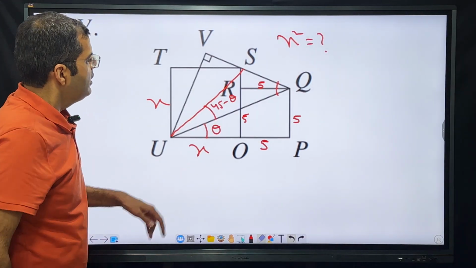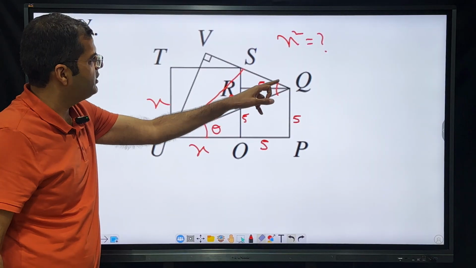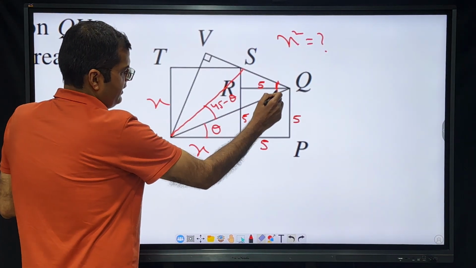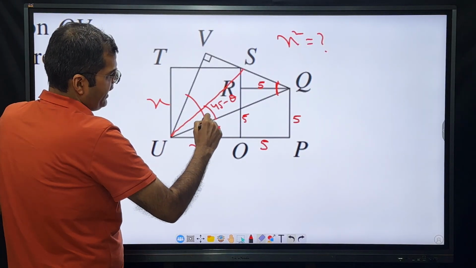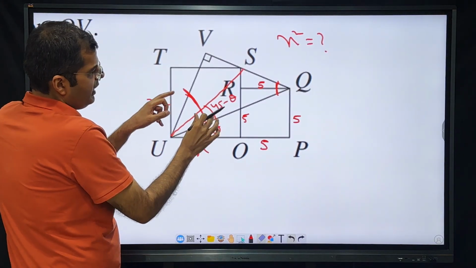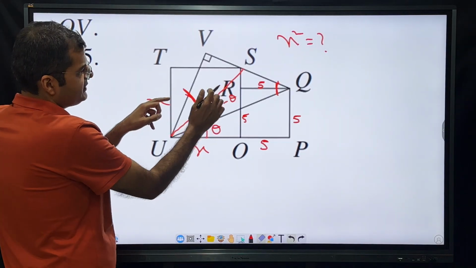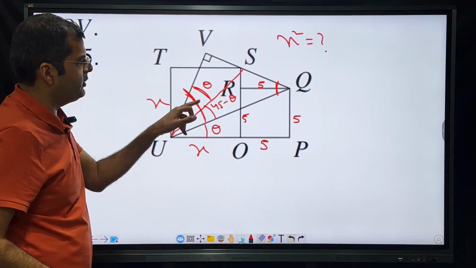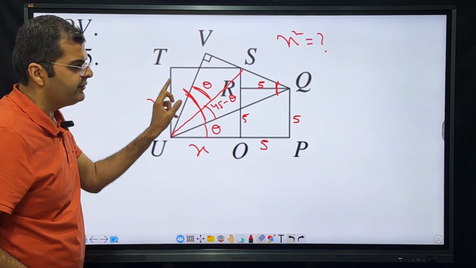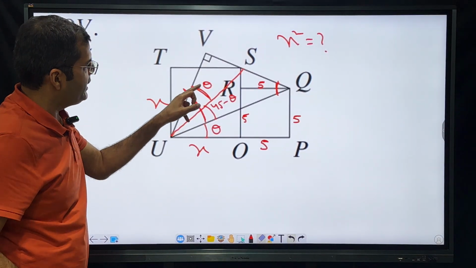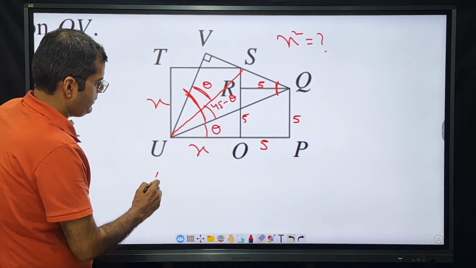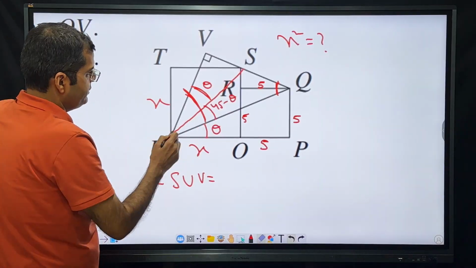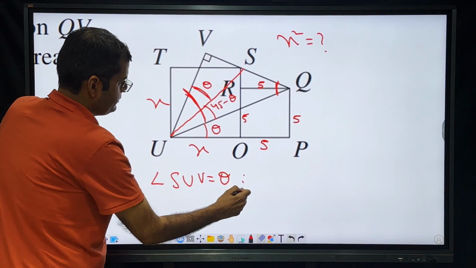Also, in this right angle triangle QVU, this is isosceles. That means this complete angle is 45. Out of this, the part is 45 minus theta. So only this part of the angle has to be theta, because 45 minus theta plus theta is 45. So angle SUV is theta.